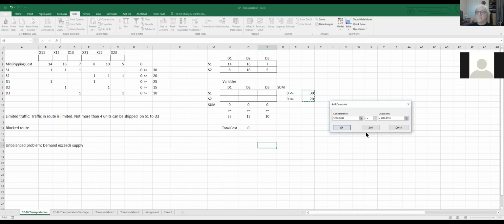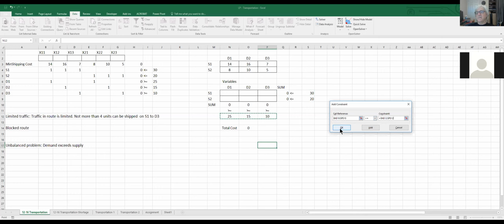Now, add here demand constraints. 1, 2, and 3 are the actual demand satisfied, cannot be less than, therefore change it to greater than or equal to. And now the actual demand here. So you enter this.